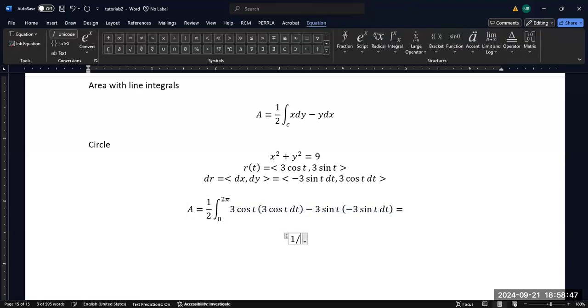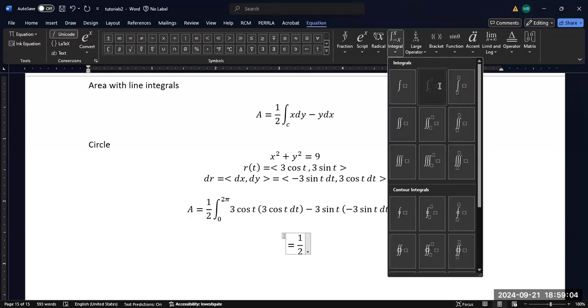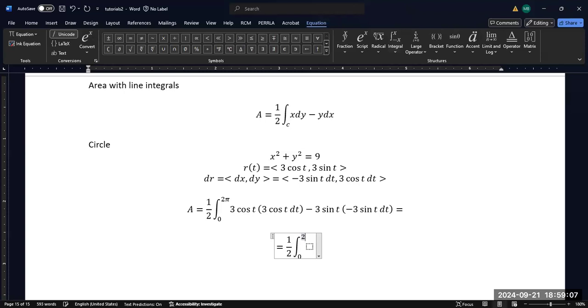And if we simplify that, we're going to get the integral from 0 to 2 pi of 9 cosine squared t plus, because it's a minus minus, 9 sine squared t.